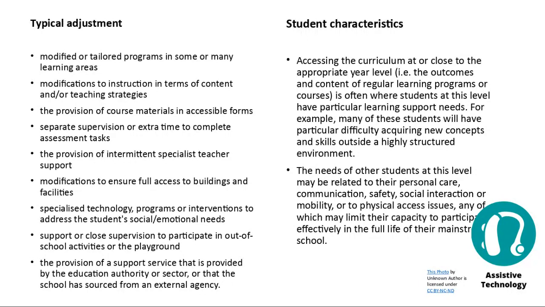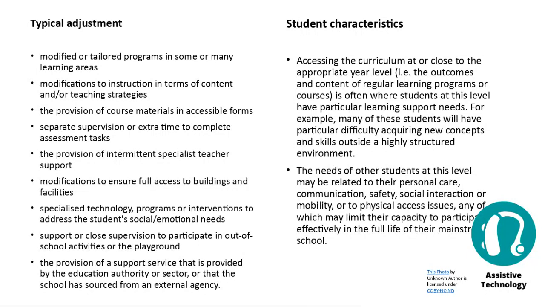The characteristics of the students are that they will be accessing or working at or close to the expected year level relative to their age. But they just might need a little bit of extra specific care to ensure that they're fully participating in the academic and social life of school.